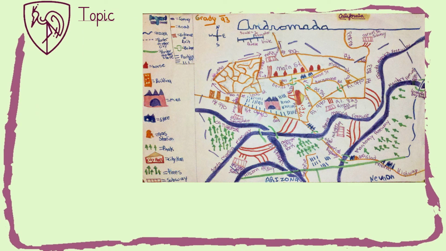For our topic, continuing with the maps, we're going to look at keys, we're going to look at contours, and we're going to look at symbols with a BBC Bitesize lesson. When you're a bit more familiar with that, what I'd like you to do is to design for me a new park or garden or area for people to enjoy, and I'd like you to give it a key and some symbols to help us access that map.